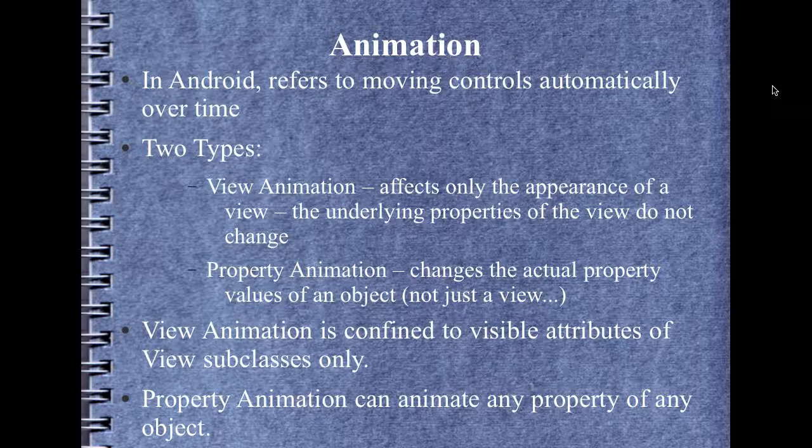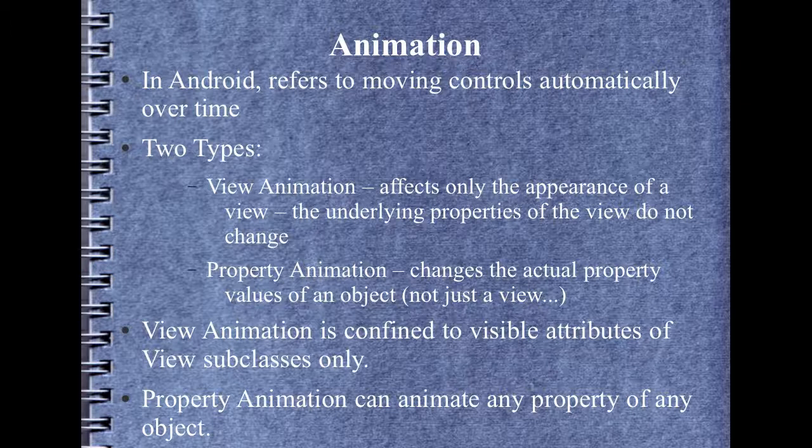So in view animation, we're only animating the picture of a control, whereas in property animation, we're actually changing the properties, the attributes of an object over time. Now with property animation, we can animate any object and any property of that object. So we don't just have to deal with viewable objects or viewable properties. We can animate anything over time using property animation, and this of course is a very, very powerful tool.